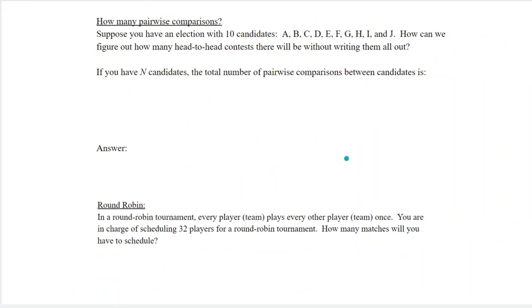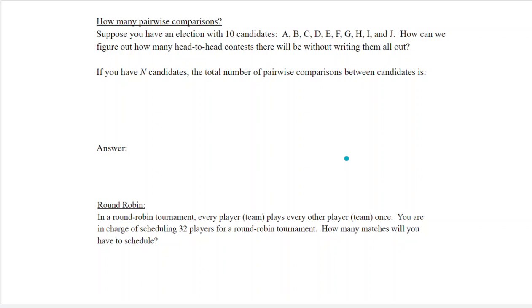Let's take a look here. We've mentioned this before. How many pairwise comparisons do you have? Well, let's suppose that you have 10 candidates, A through J. How many head-to-head contests will there be without having to write them out?